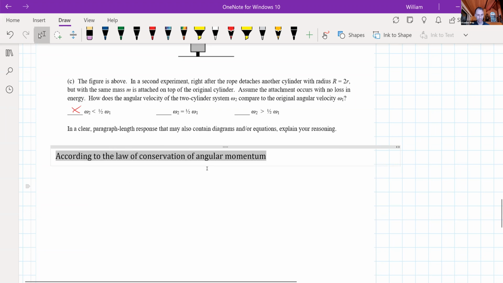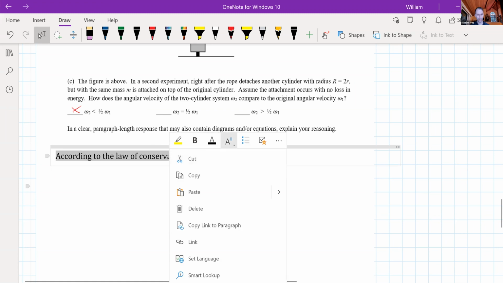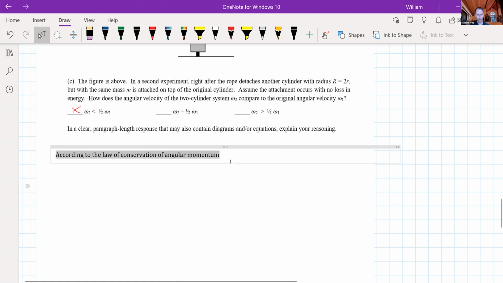Let's go down to like 18. No, that's going to still be too big. Okay. So according to the law of conservation of angular momentum, angular momentum must be conserved. When you're milking for partial credit, state a relevant physics principle, build with it.